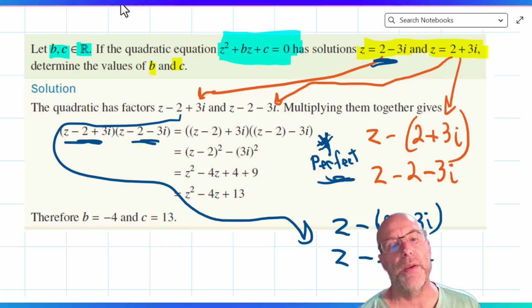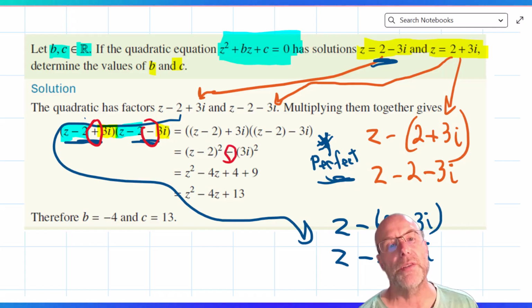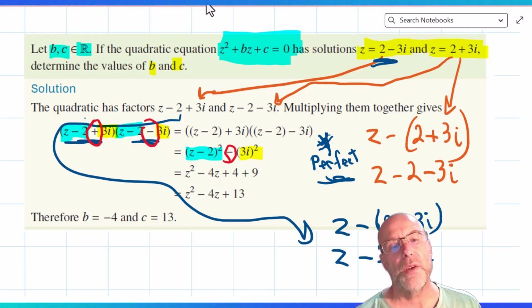So if we let the first thing there be the A, and then we let the second thing be the B, we have A plus B, A minus B is A squared minus B squared, which is what that is. There's your minus, and there's your A squared, and there's your B squared.